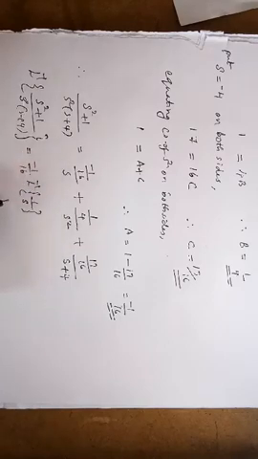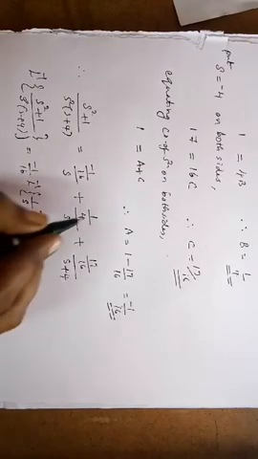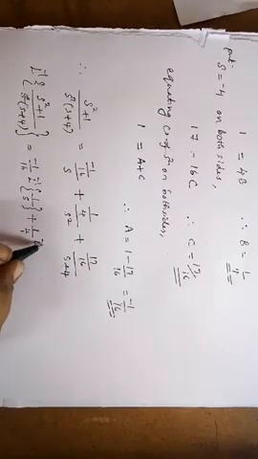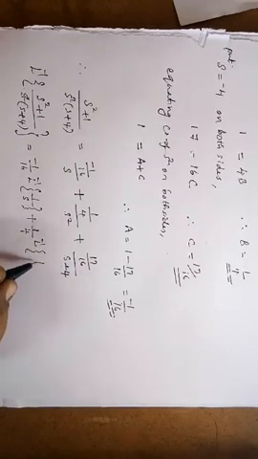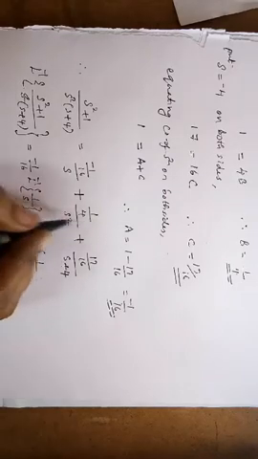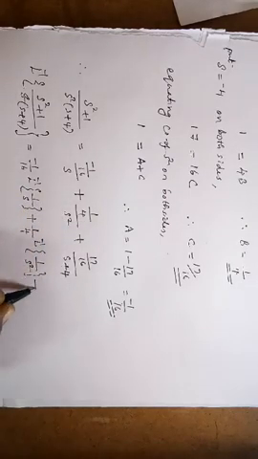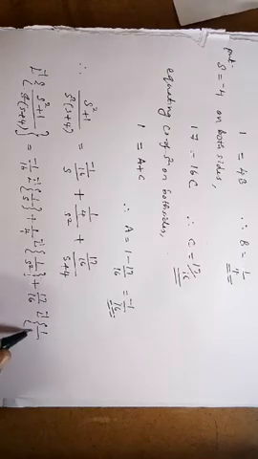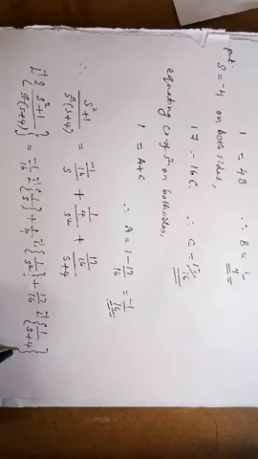So L inverse of 1 by s, plus 1 by 4 is a constant that we can take outside and apply the inverse for the function of s only. So 1 by s square remains. Then in the third term 17 by 16 is a constant and L inverse of 1 by s plus 4.